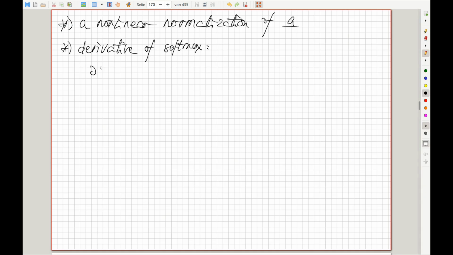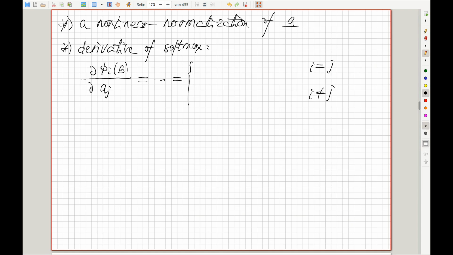So the partial derivatives of the i-th output with respect to the j-th input. So indices i and j, they can be different, they can be the same, right? We need to calculate in this position the so-called Jacobi matrix. I jump over the details, and the final results are pretty simple. For the case i equal to j, and for the case i different from j, we have 2 different results.